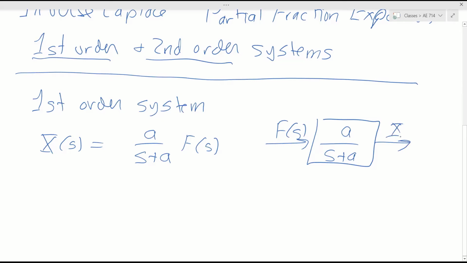And if you want to think of this as a mass, where a force is being applied and X is the position of the mass. And the dynamics are described by a differential equation that when you Laplace it, you get this, and it's first order because it just has a single power of S. And because of that, you get a single root of the denominator or pole of the system.